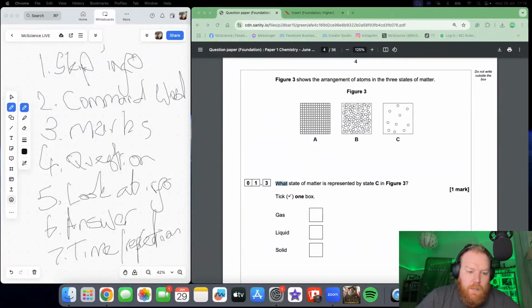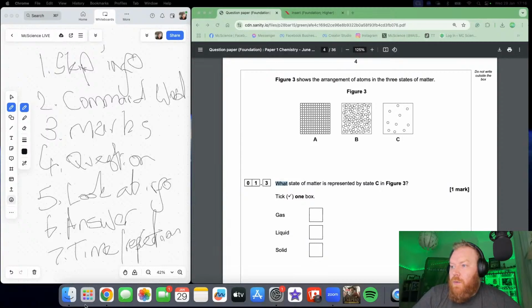Now again, pause now if you are wanting to look at this, or if you're watching it back later on and you're wanting to go over this question. But the answer here would be a gas, because the particles are spread out.